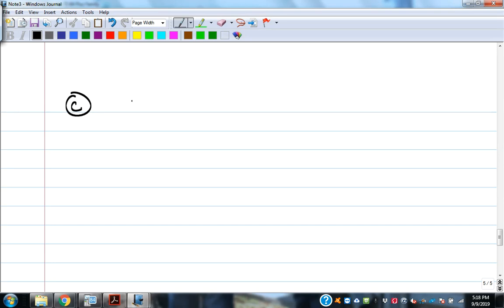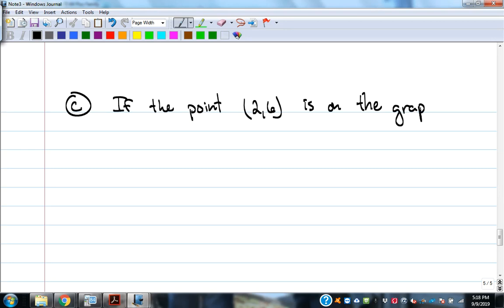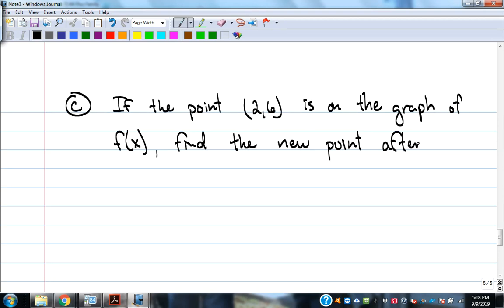So we're going to take, if the point 2, 6 is on the graph of f of x, find the new point after the transformation.